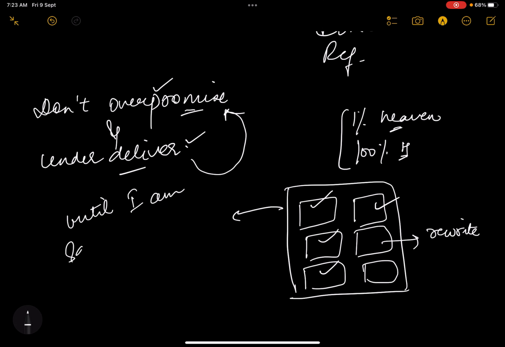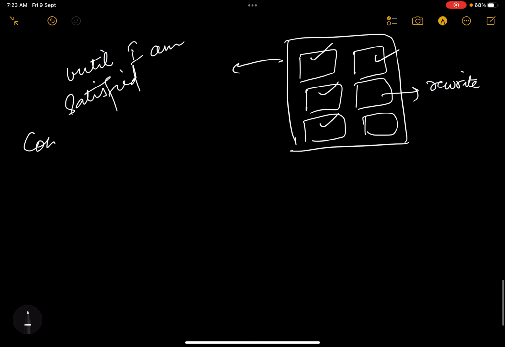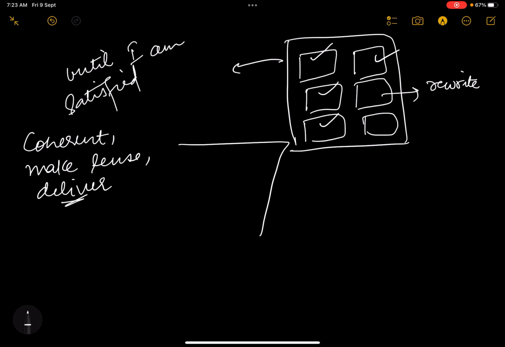What I mean by this is that they should be coherent. They should make sense, right? And they should deliver. Most importantly, they should deliver what they are supposed to deliver. If the user is standing on this pedestal, and wants to come here, you have to provide those stairs.